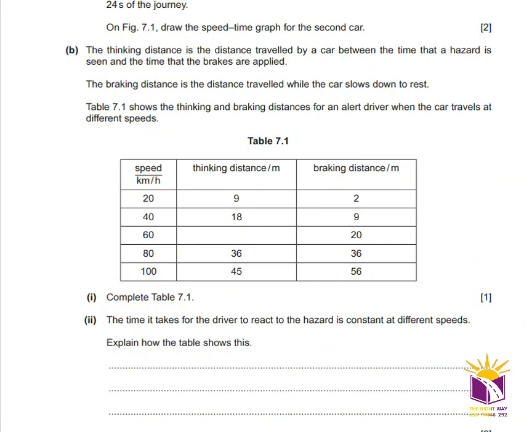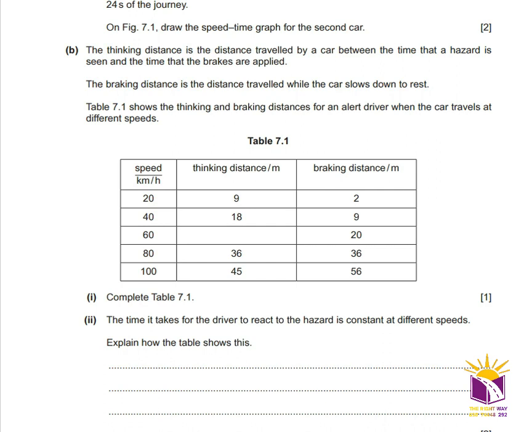Part B. The thinking distance is the distance traveled by a car between the time that a hazard is seen and the time that the brakes are applied. The braking distance is the distance traveled while the car slows down to rest. Table 7.1 shows the thinking and the braking distance for an alert driver when the car travels at different speeds.